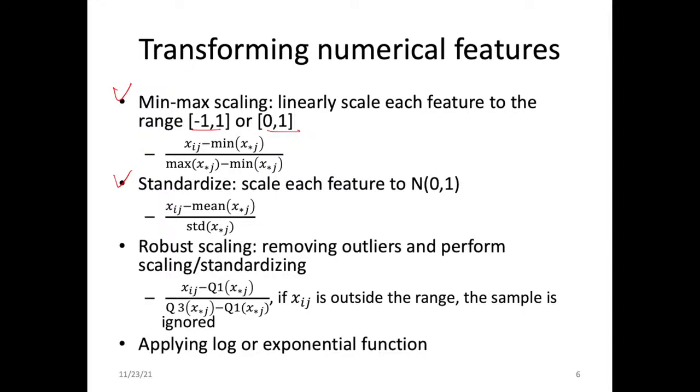Okay, so if each feature is within a similar scale, then in KNN we have already seen that we need to scale the features such that when we compute the distance, it is not dominated by a single feature. But even for linear regression, logistic regression, SVM, or even deep learning, we usually need to scale or standardize the features such that the scale in every feature is similar.